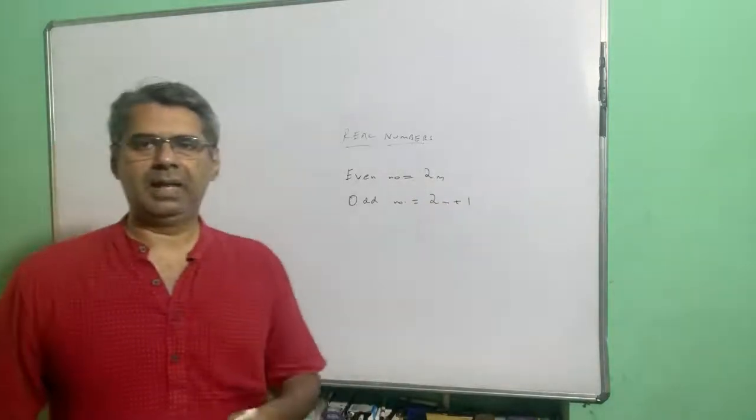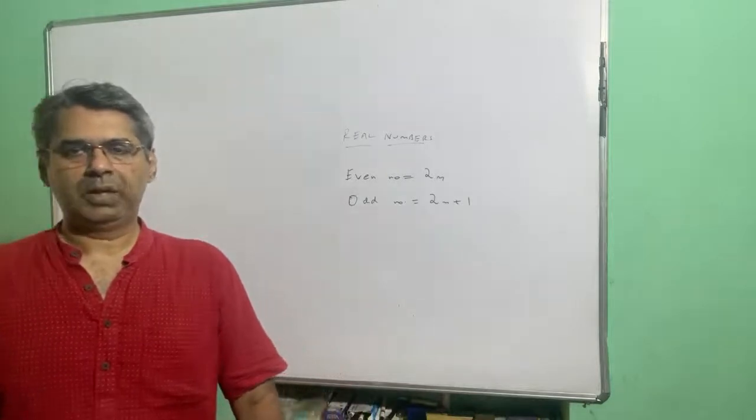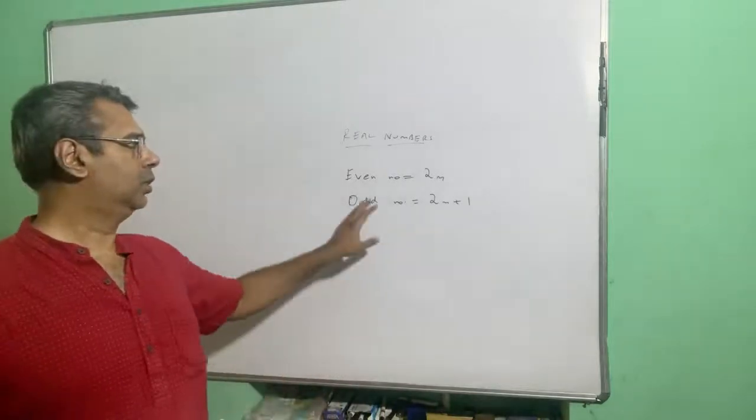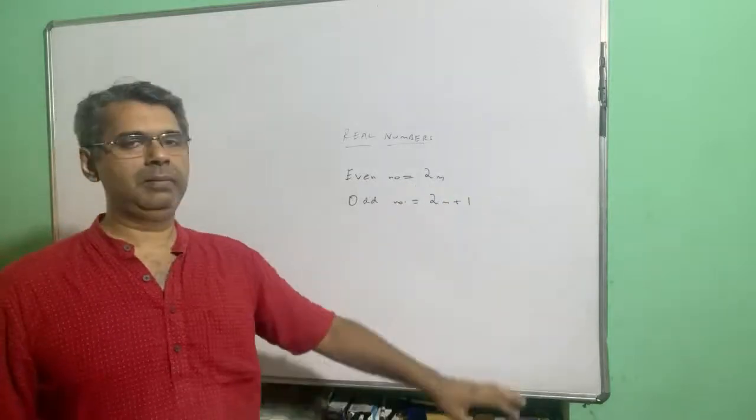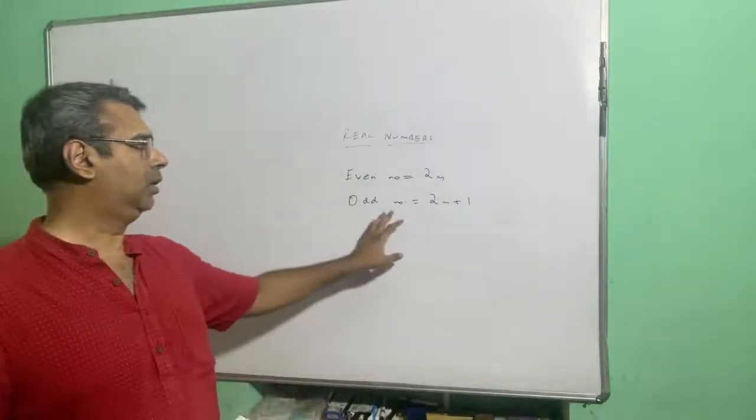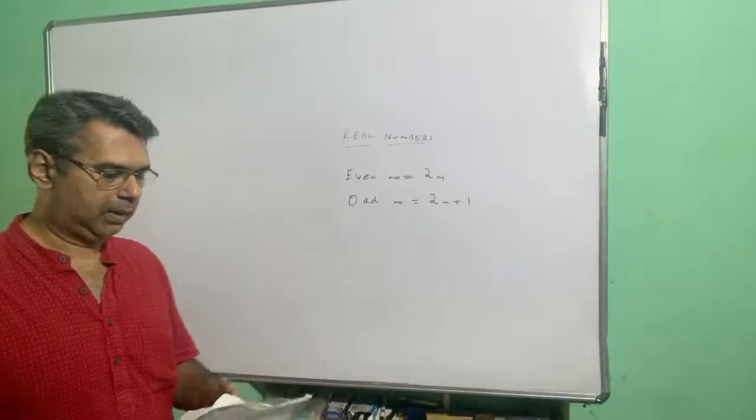This is a direct outcome of the division lemma, right? Any even number can be written as 2n and any odd number can be written as 2n plus 1.